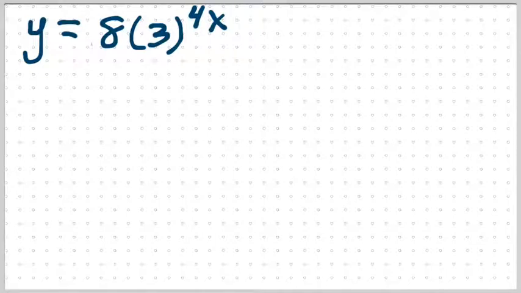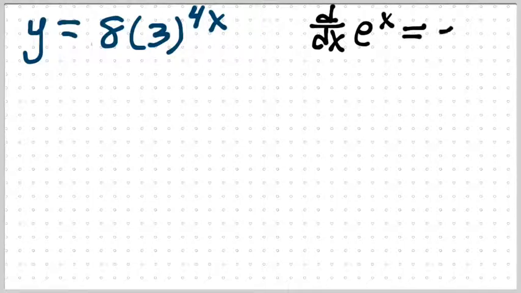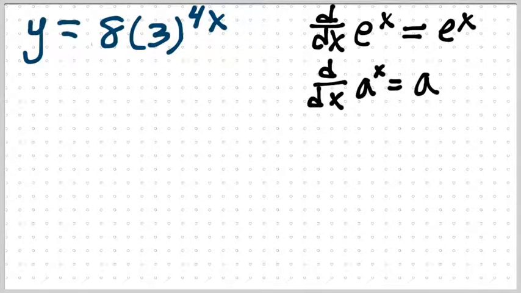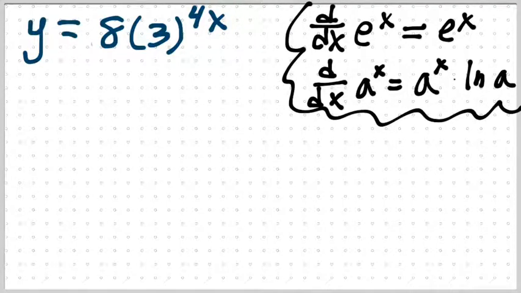Not a log, but an exponentiation problem. So two things to remember. One's a no-brainer. Derivative of e to the x is itself. Beautiful. The derivative of some number to the x is itself times ln of the base. Okay.